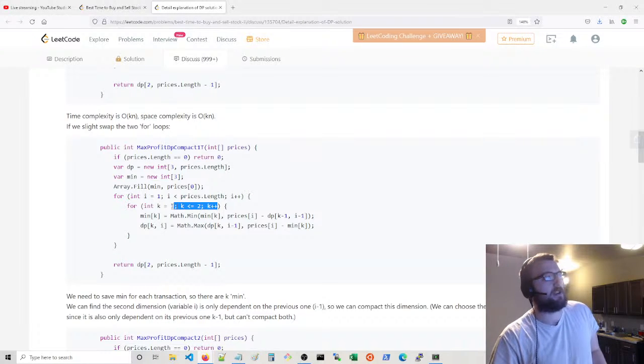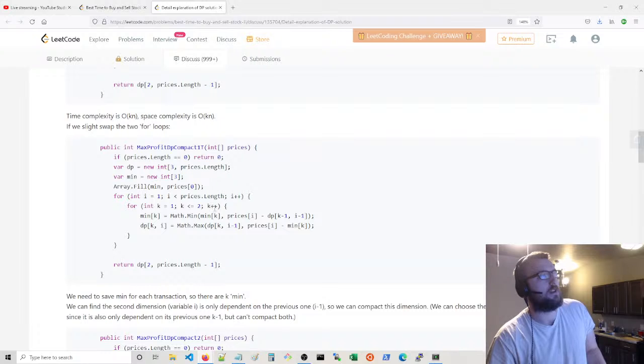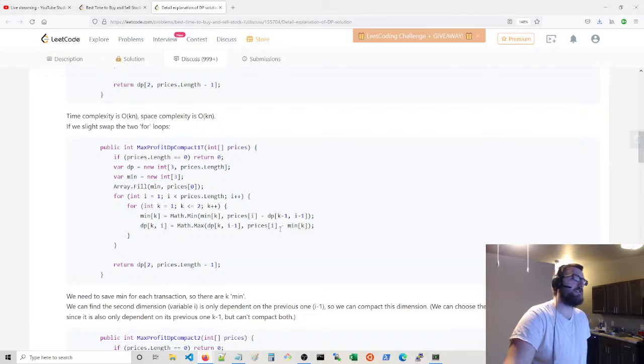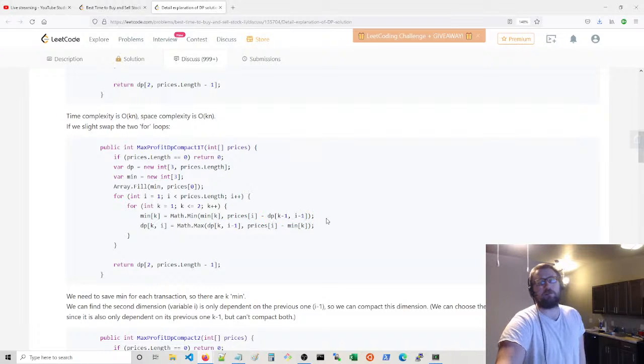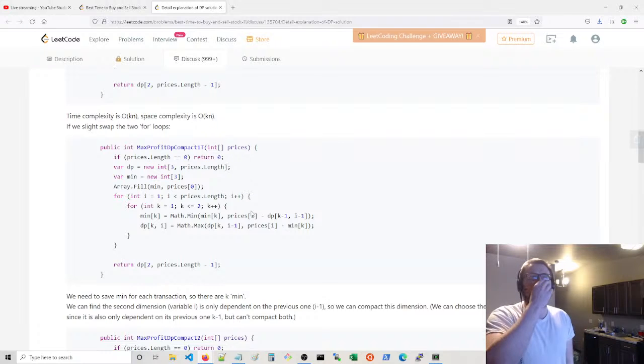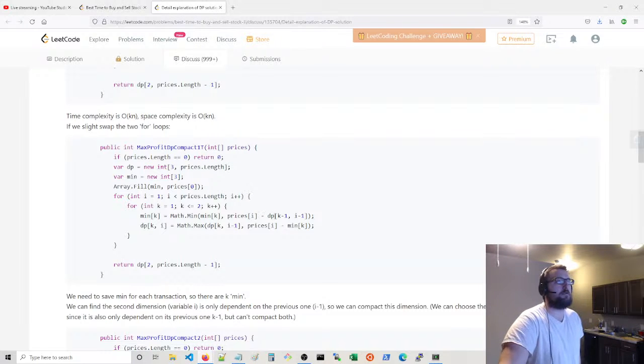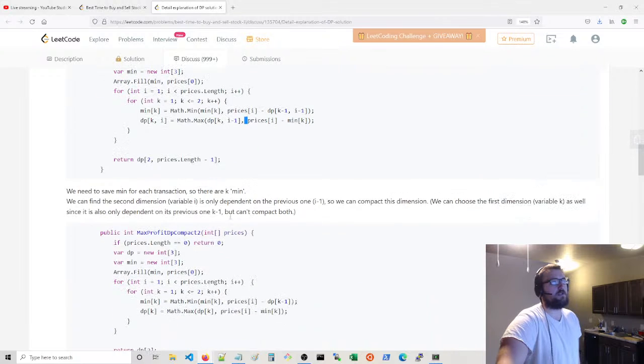If you modify k, you make k bigger, the problem you're going to run into is this dp of k takes on some new value, and the next dp of k refers to that new value that you just modified, and so this calculation could be wrong. So actually, this iteration needs to go back to front rather than front to back. I think that's a slight consideration too, but very interesting.